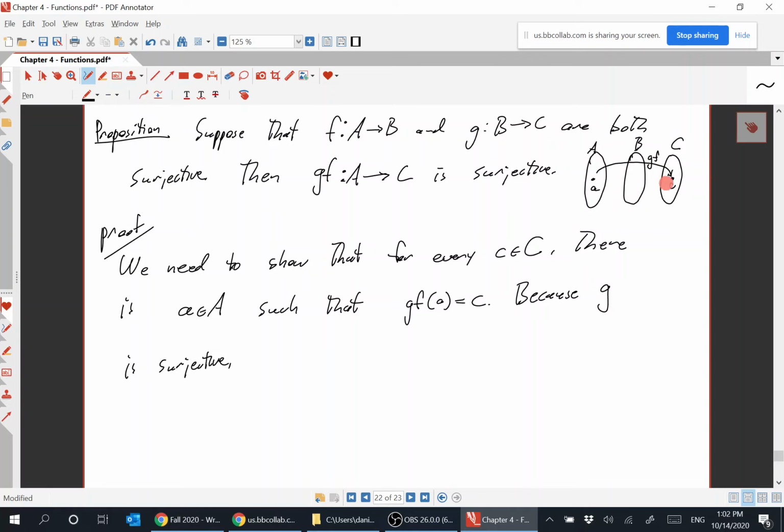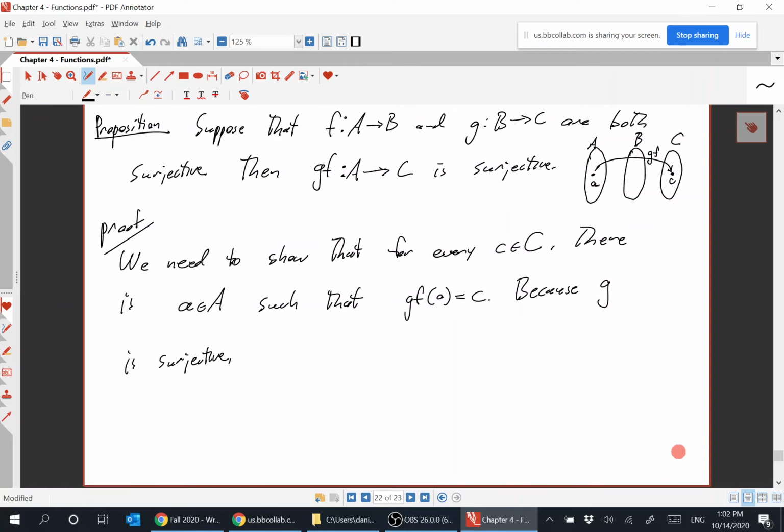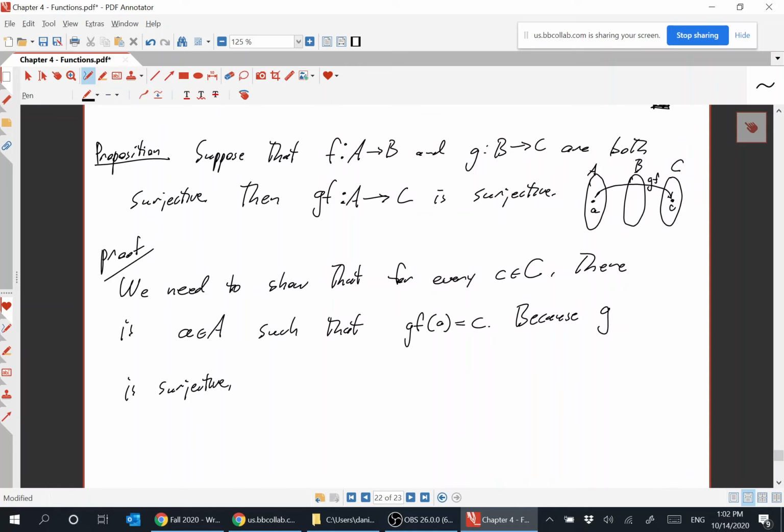Well, what do we know about g? We know that g is surjective. Right, so for every element in the range of g, there's an element in the domain of g that goes to that range element. So because g is surjective, there is what?